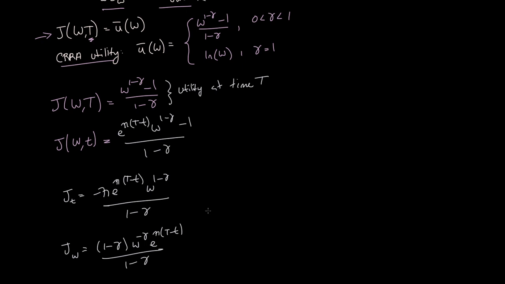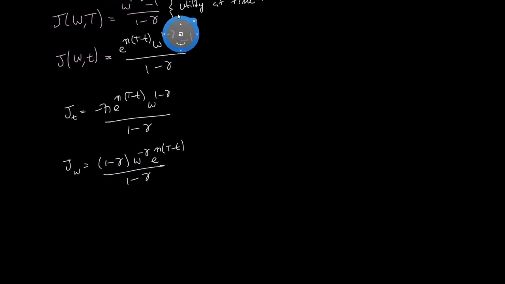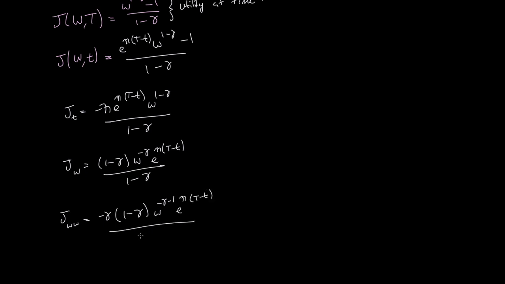Then we compute the second derivative with respect to W, because we also want to know J_WW. Here we bring down another minus gamma: minus gamma, 1 minus gamma, W to the minus gamma minus 1, e^(eta(T-t)) over 1 minus gamma.